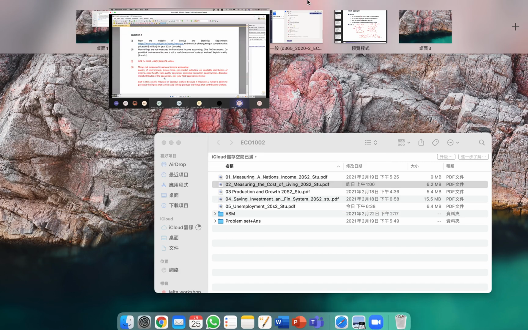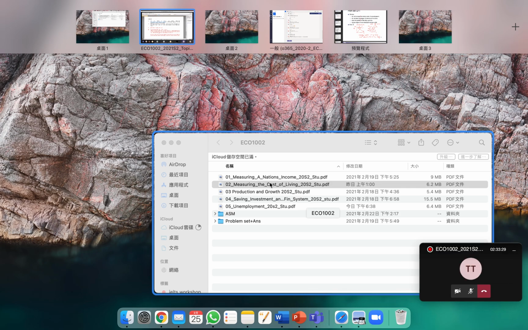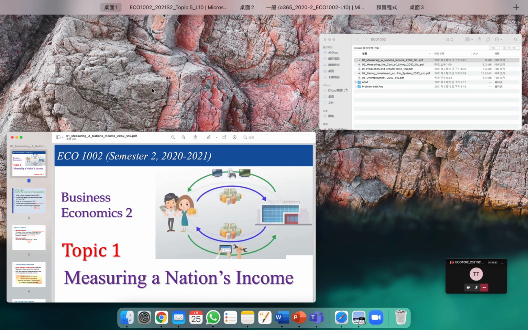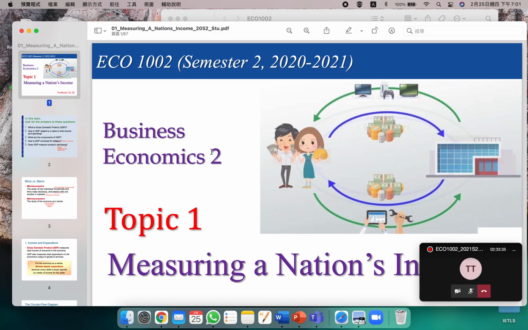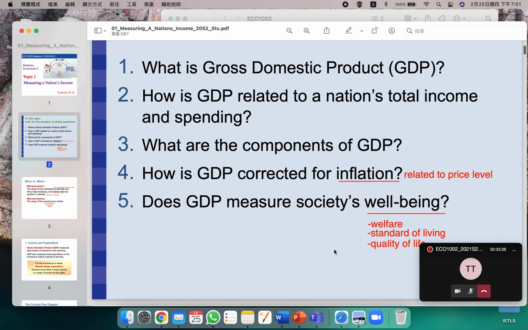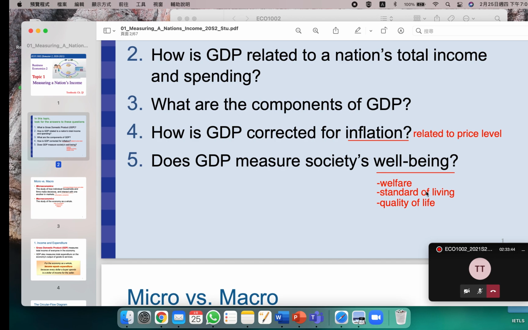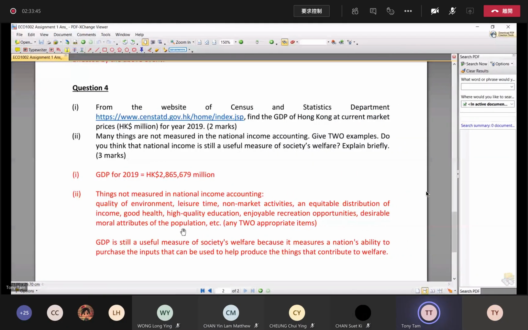As long as I do the consumption, I will get a certain part of the well-being. Transfer payment itself has no production at all. It is just a distribution of the income. And those who receive it will do the consumption, which is part of the well-being.